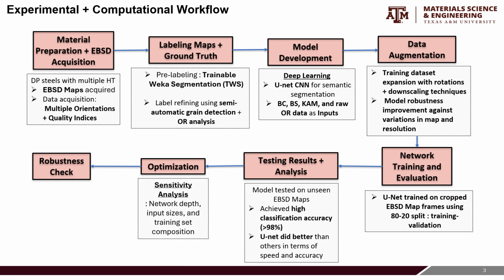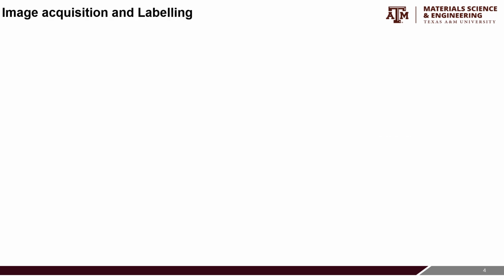The model was also optimized through sensitivity analysis of the input sizes, the training set composition, and the network depth, and finally a robustness check was conducted. If there was any error in labeling or any variation in the input data, it was checked to increase the efficiency of the model.